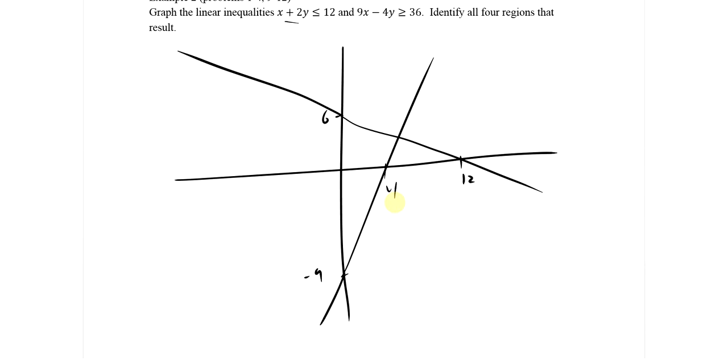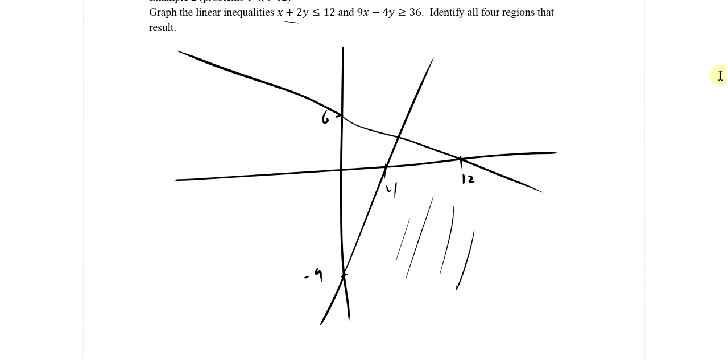So this region here, whoa, what happened there? So we know this is, let me just put in our equations. This is the line x plus 2y equals 12. This is the line 9x minus 4y equals 36.